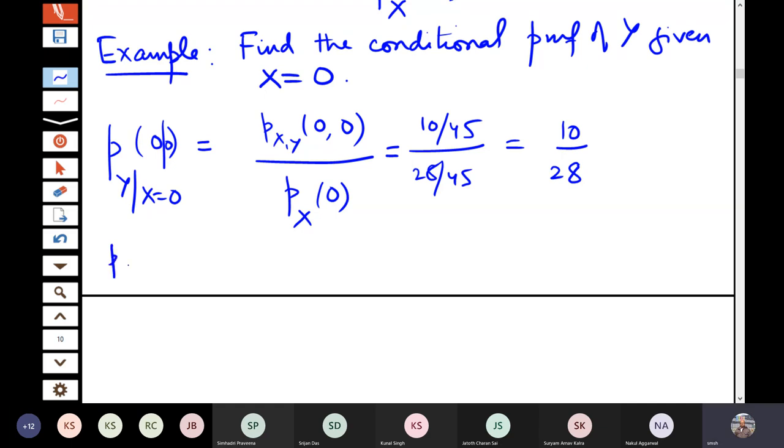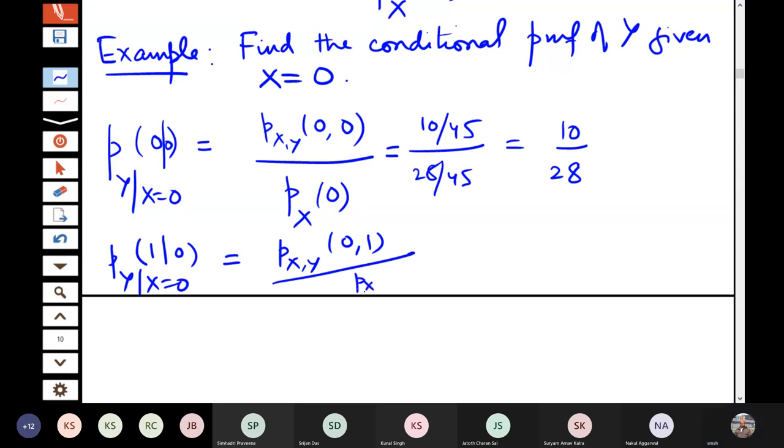Similarly, if I consider what is the probability y is equal to 1, given that x equal to 0, that will become P_XY(0,1) divided by P_X(0), that is 15 by 45 divided by 28 by 45. So that will become 15 by 28.